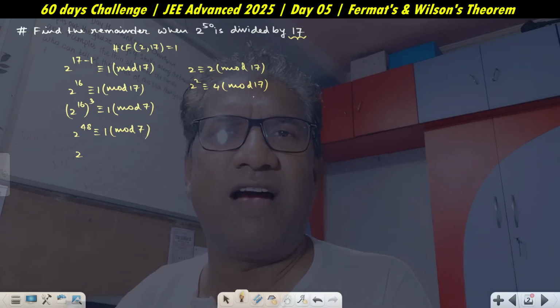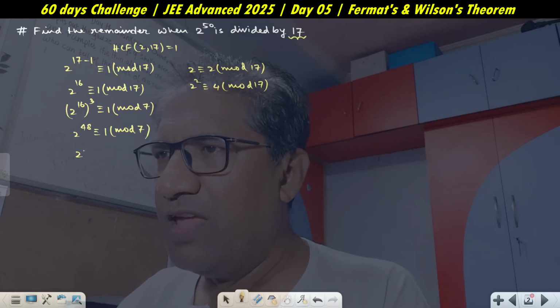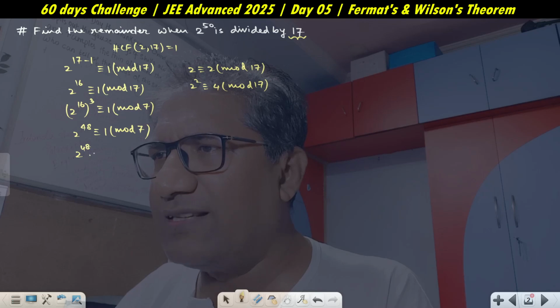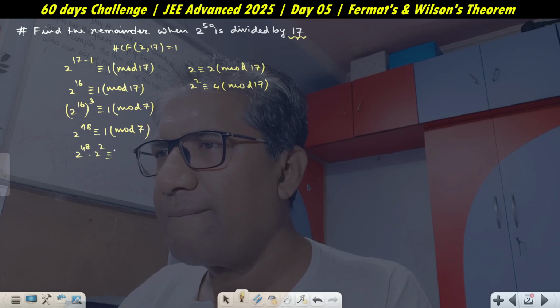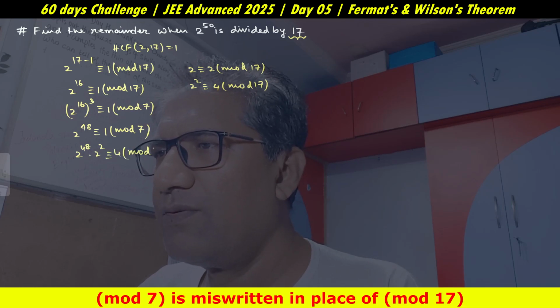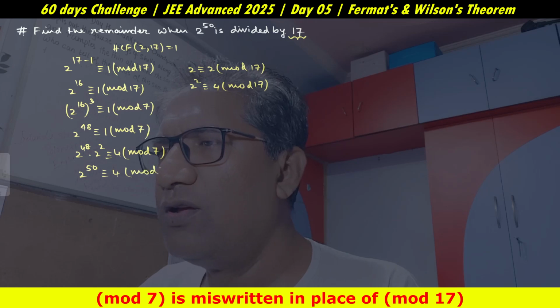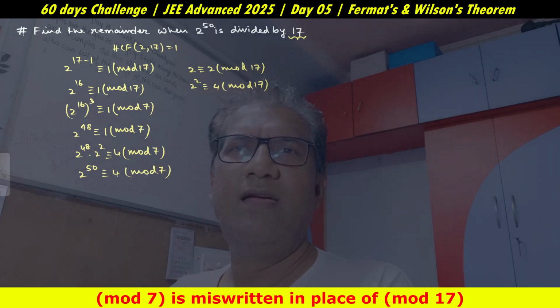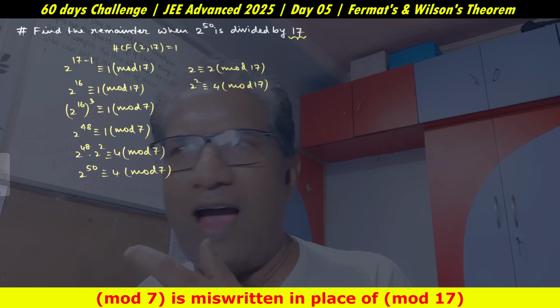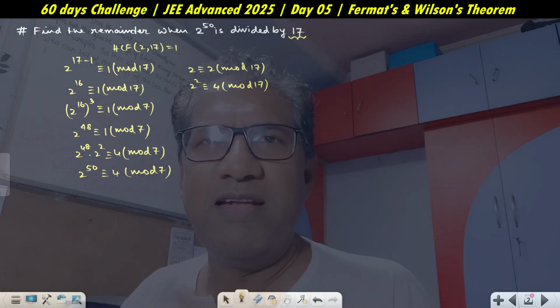That is, when 4 is divided by 17, the remainder is 4. So if I multiply the corresponding sides, we have 2 to the power 50 is congruent to 4 modulo 17. That is, when 2 to the power 50 is divided by 17, the remainder is 4.